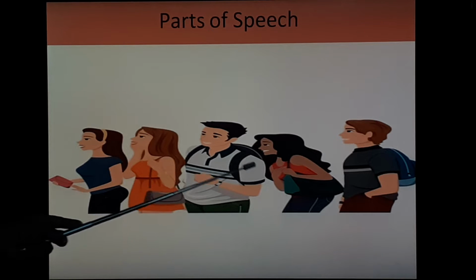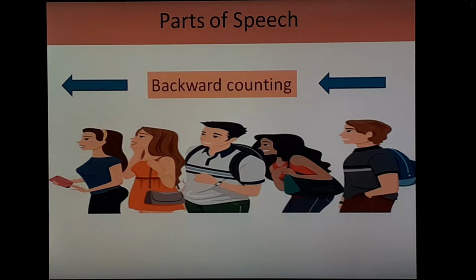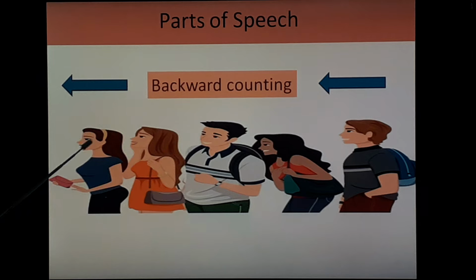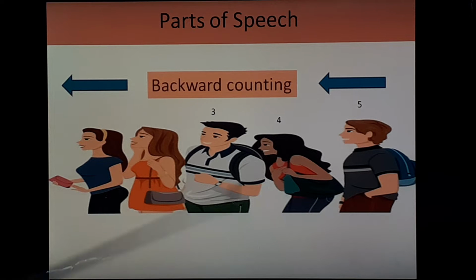Five students are standing in a queue. So here we will use backward counting. From here to here, that is backward counting. 5, 4, 3, 2, 1.